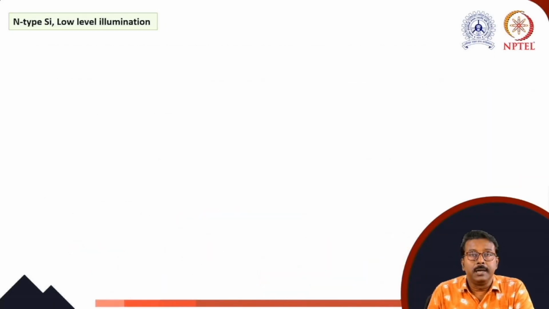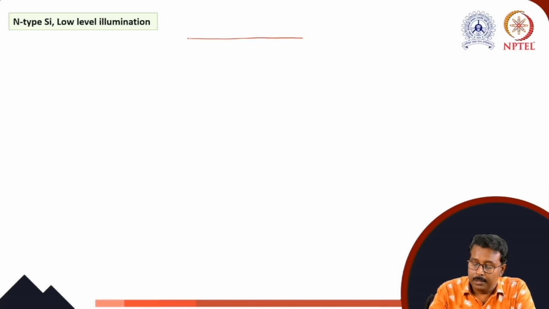So let us consider an n-type silicon with low level illumination. That means the n-type silicon semiconductor is uniformly illuminated by light but at a low level illumination.